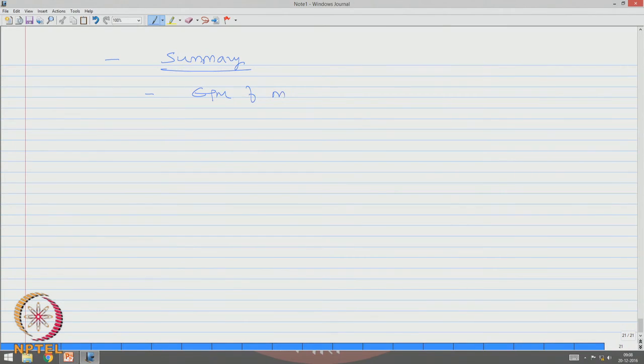So, friends, in this lecture we have seen how to derive the governing equation of motion for a riser under the environmental loads acting on the riser. We also tried to understand the equation of motion governing the response of the riser.